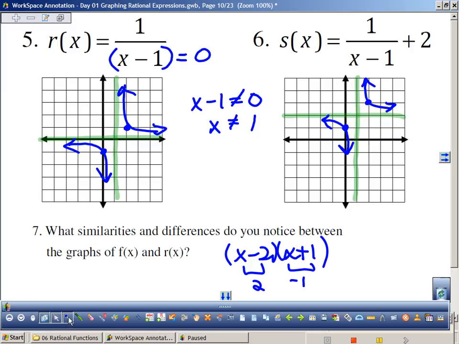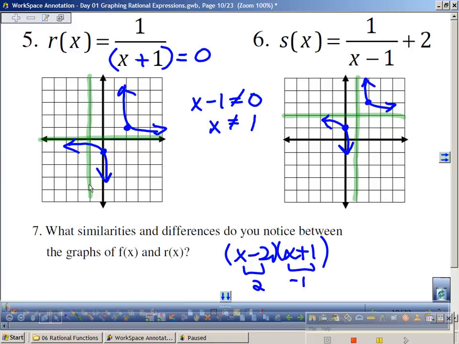So what would happen if I did this? It would be on the other side, right? It would be on that side. Okay? Right, yeah. The whole thing would be shifted over a little bit.